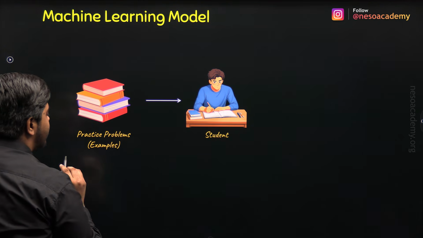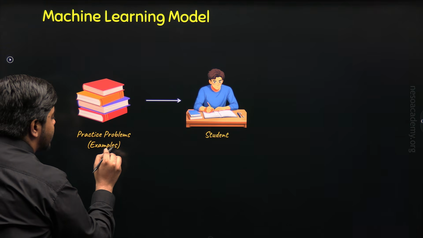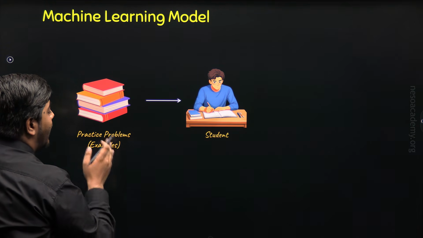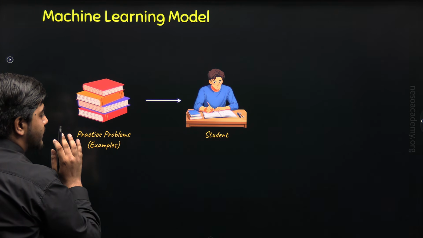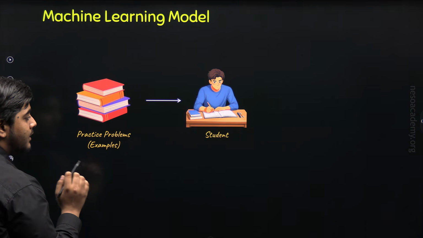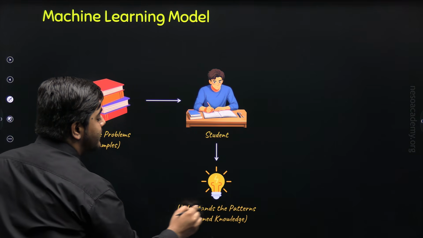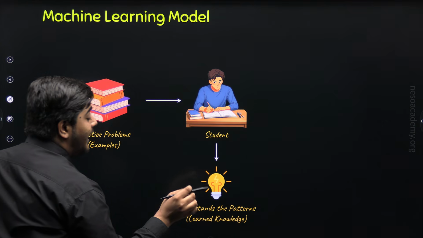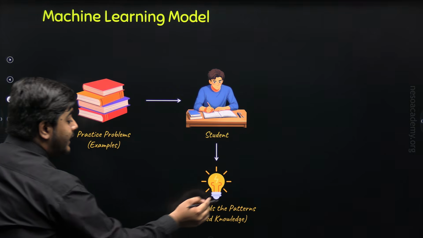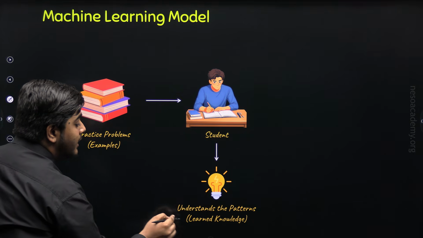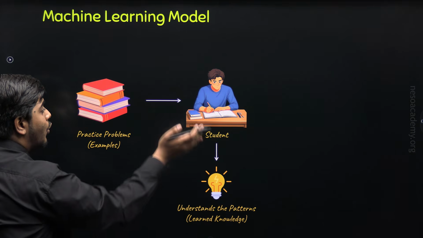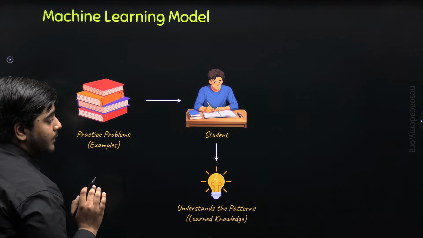These practice problems will act as examples from which the student learns the patterns and underlying concepts of these problems. Now, after practicing all these mathematical problems, the student finally understands the patterns and underlying concepts of these practice problems. This understanding is known as the learned knowledge. This learned knowledge will be stored inside the student's brain.